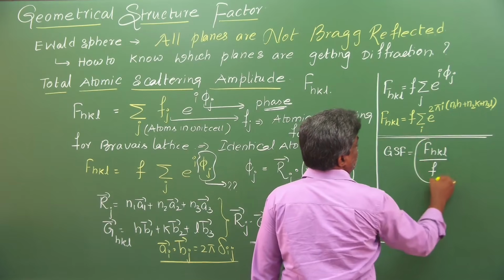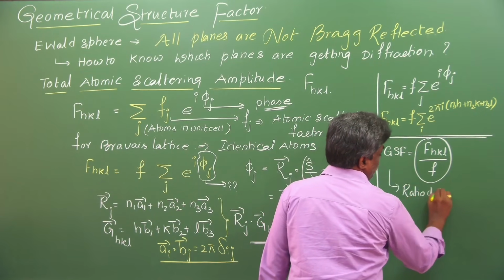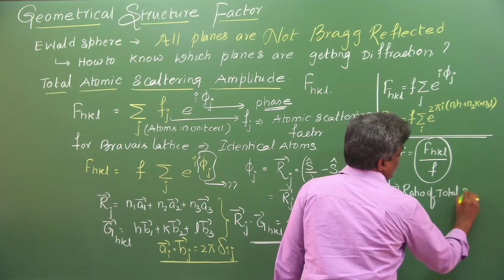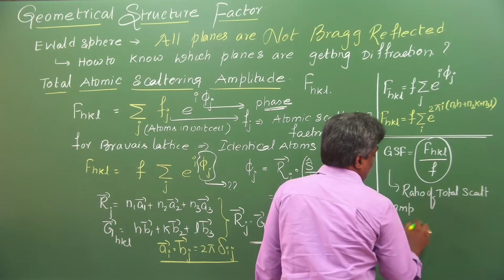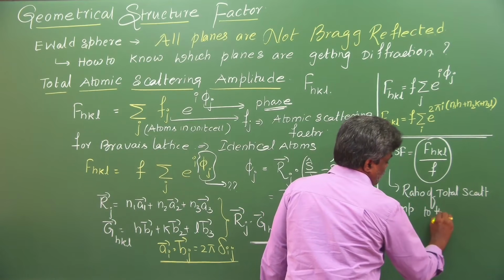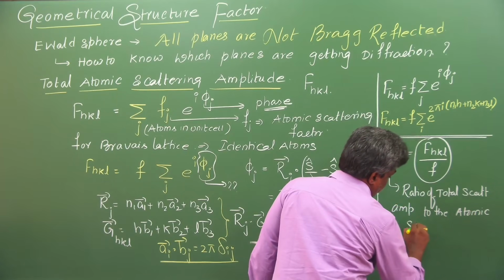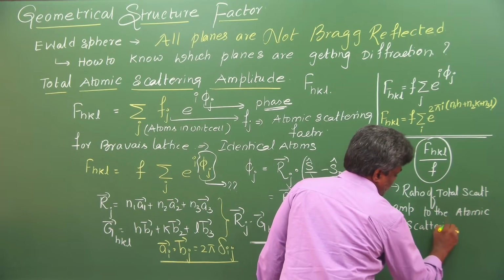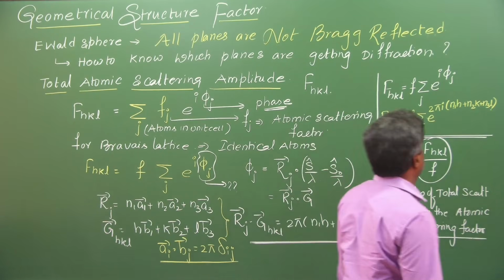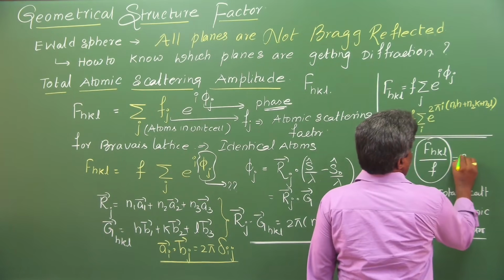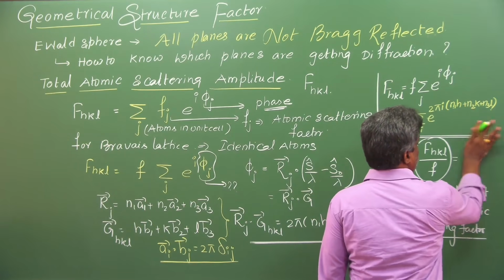This ratio is nothing but the geometrical structure factor: the ratio of the total scattering amplitude to the atomic scattering factor is called GSF, which is equal to the summation of e raised to i phi j.